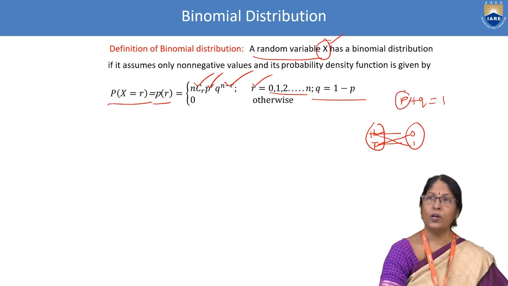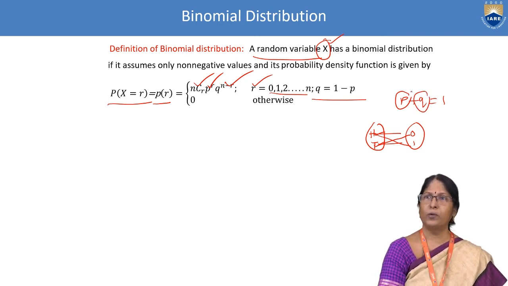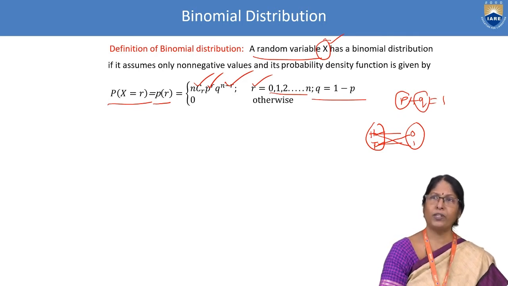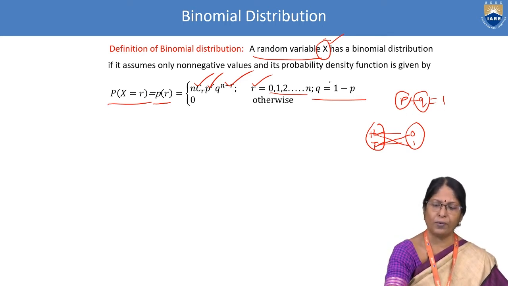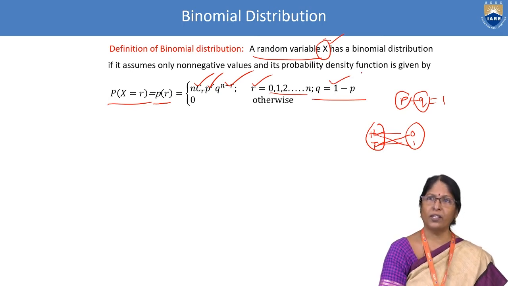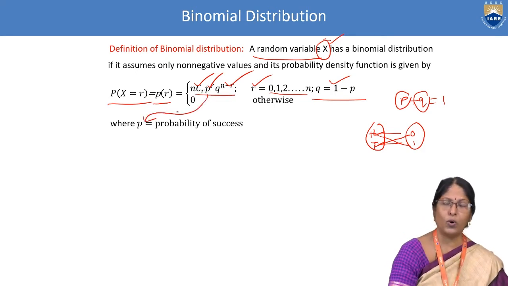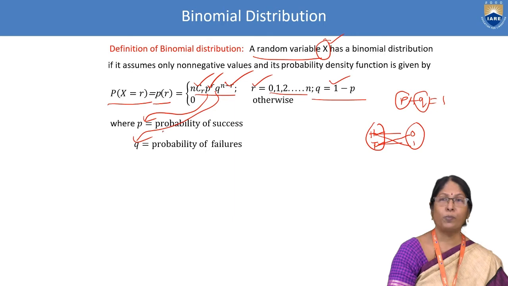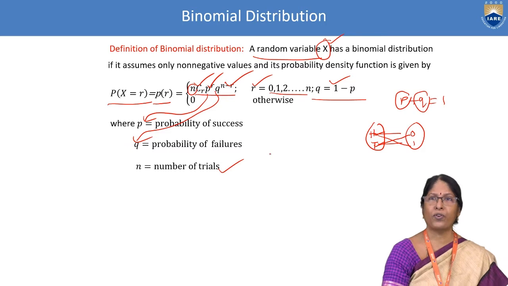p stands for the probability of success, and q represents the probability of failure. So the probability of success plus the probability of failure equals 1, from which we derived that q is 1 minus p. In this notation, p plays the role of the probability of success, q the probability of failure, and n is the number of trials.